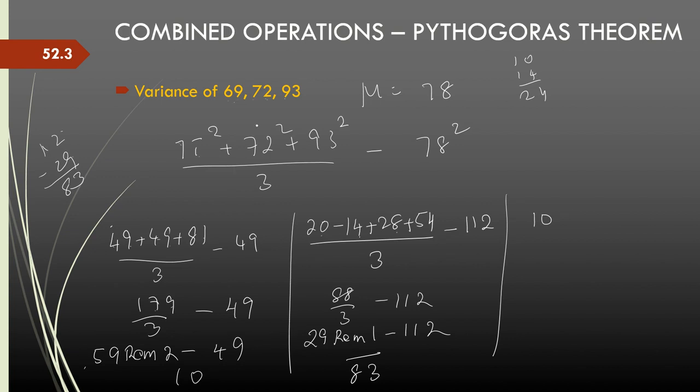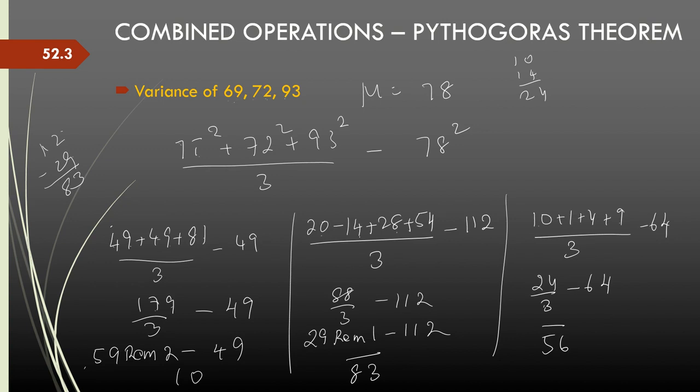Now I calculate the last part, 10 plus 1 plus 4 plus 9 by 3 minus 64. So this is 11, 15 plus 9, 24 by 3 minus 64. So that's 8 minus 64, that is bar 56.